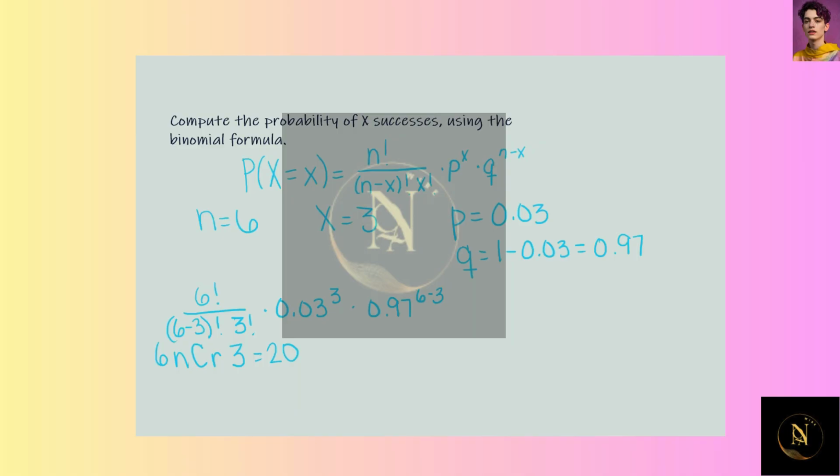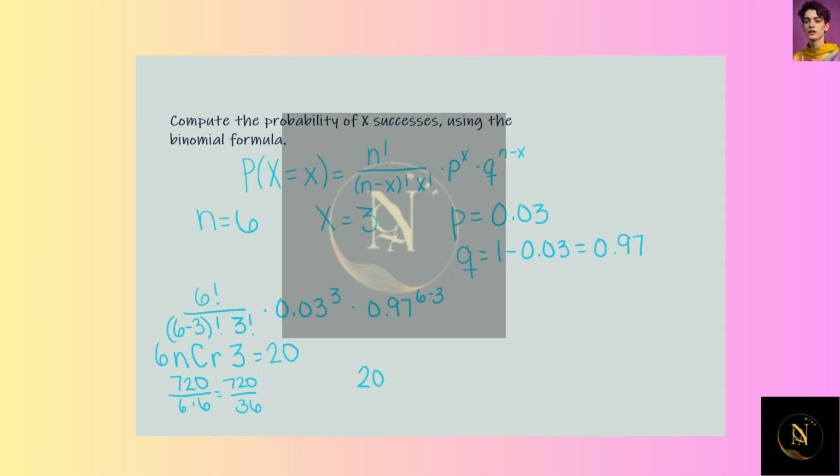If we wanted to do that by hand, we could. 6 factorial is 720. 6 minus 3 is 3, so you're really looking for 3 factorial, which is 6, times 6 is 36, and 720 divided by 36 is 20.